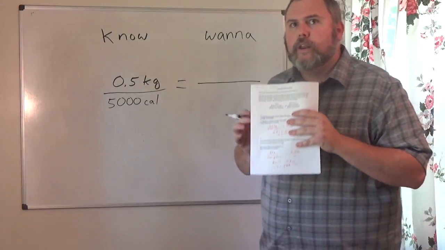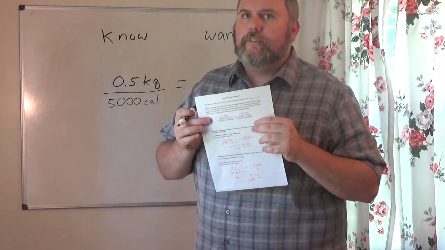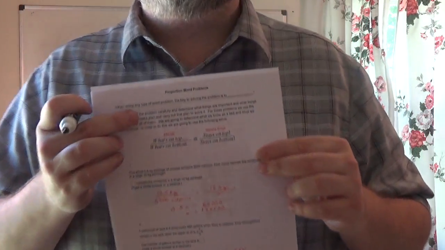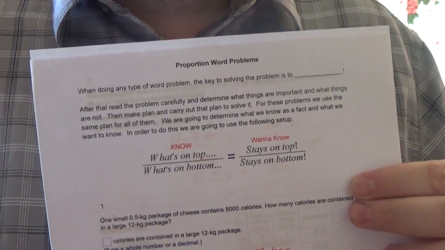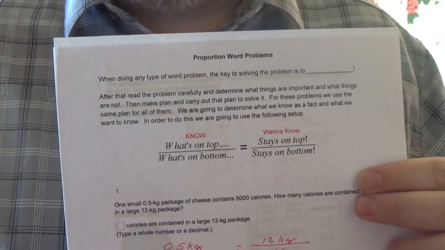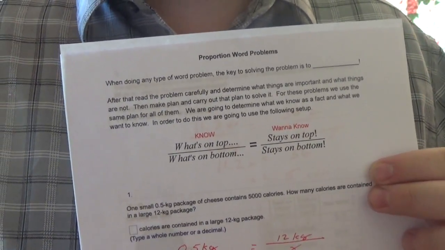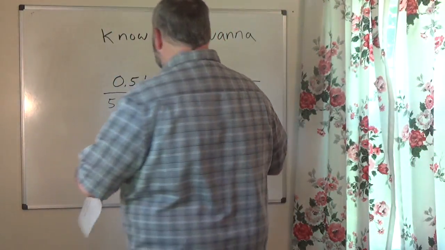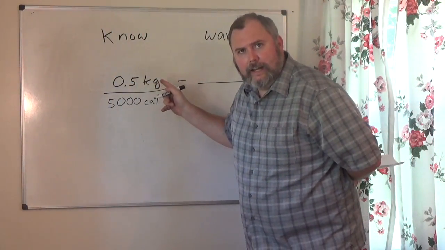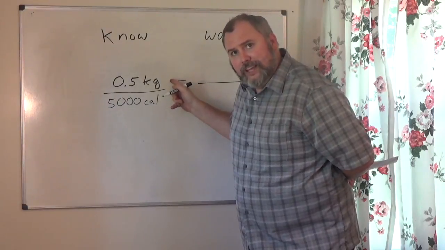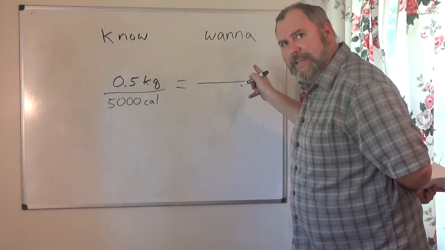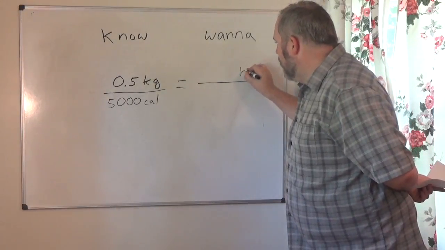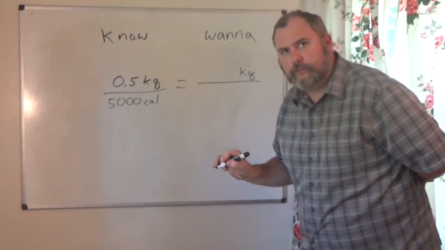Now, this is something important. I want you to look at what I gave you, and I'm showing it on the screen here. It's very important that you stay on this. It says what's on top stays on top, and what's on bottom stays on bottom. What do I mean? On my know side, what's on top is kilograms, so what has to be over here is also kilograms.